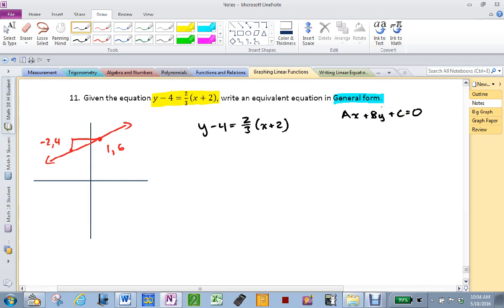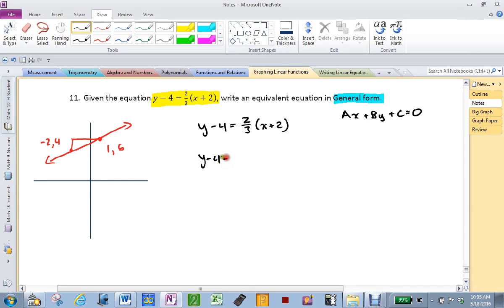There's no spot for slope. Good. What else is missing? Everything's got to equal 0, so a bunch of stuff's going to have to move. Excellent. What else is missing? You're missing a pretty obvious thing. Pardon me, Kobe? There's no brackets over here. Excellent. All right. So, let's start working.